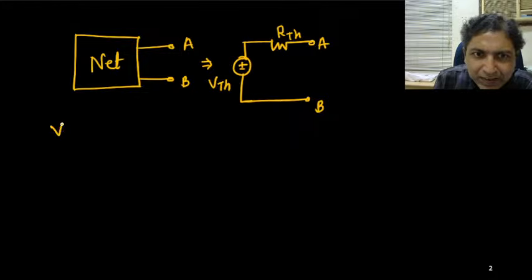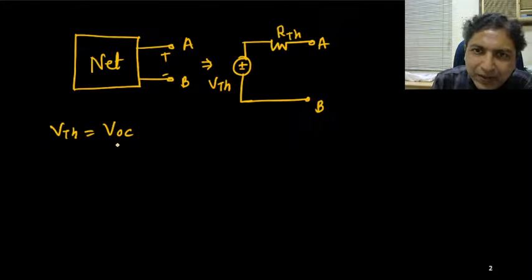So VTH is the same as the open circuit voltage. If you keep A and B open, then if you measure this open circuit voltage, that voltage is nothing but VTH. And to find RTH, you need to look back from this terminal. This is important.